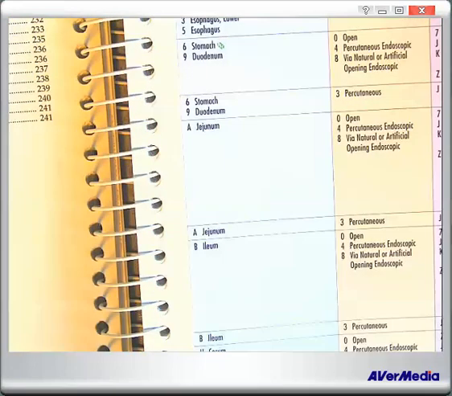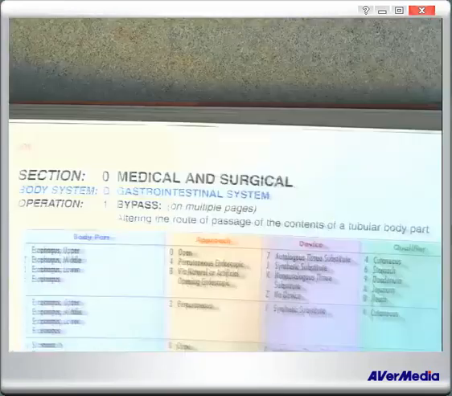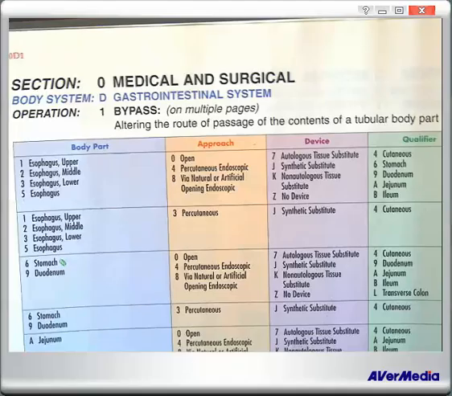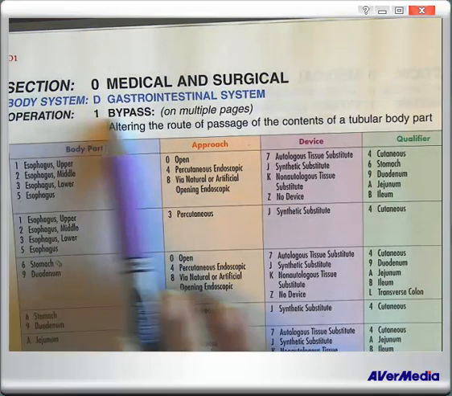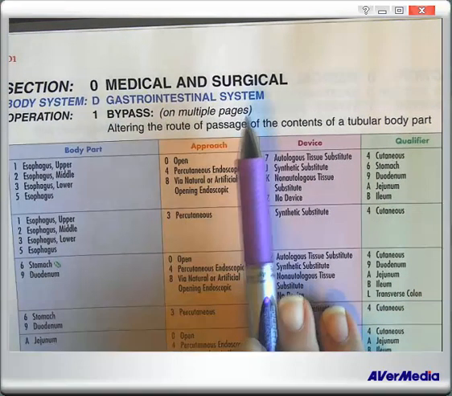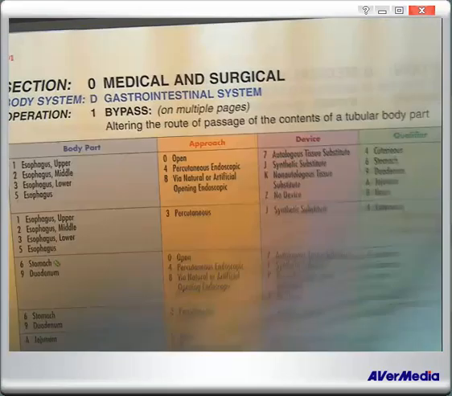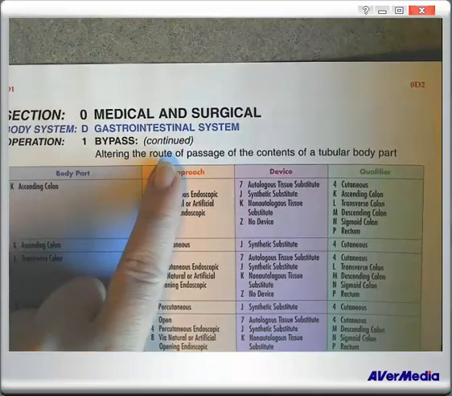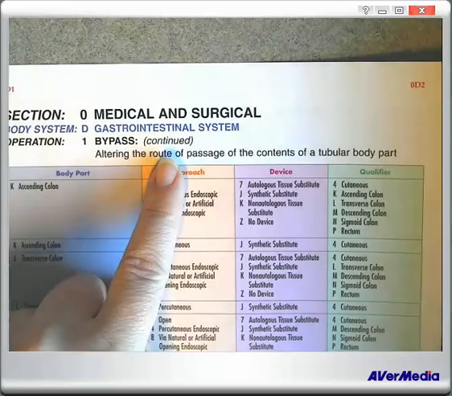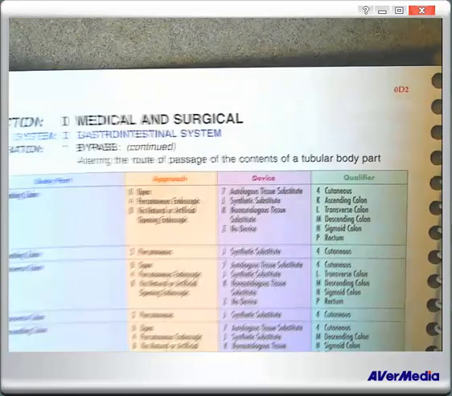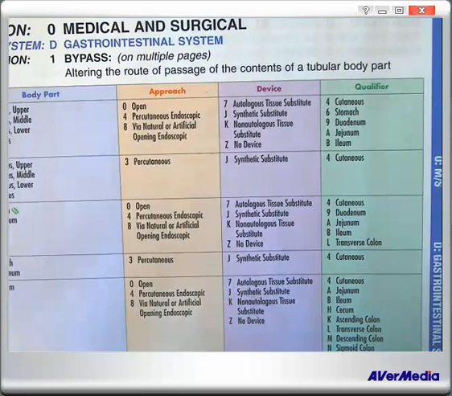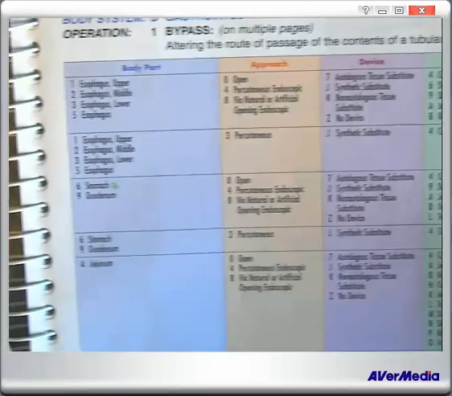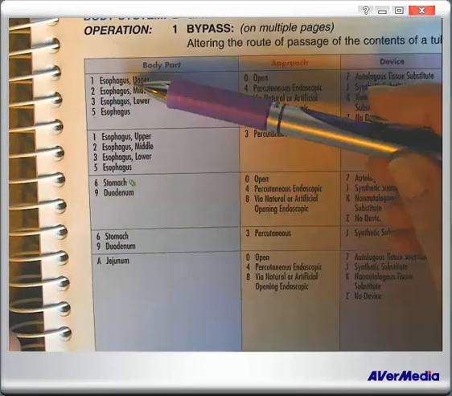Now, I want you to notice that up here at the top, it's very important that you pay attention to this. It says on multiple pages. That means that if you turn the page, there's more on bypass, and it will say continued. Okay? It's very important to pay attention to that. All right? So let's start looking and see if we can find colon, sigmoid colon.